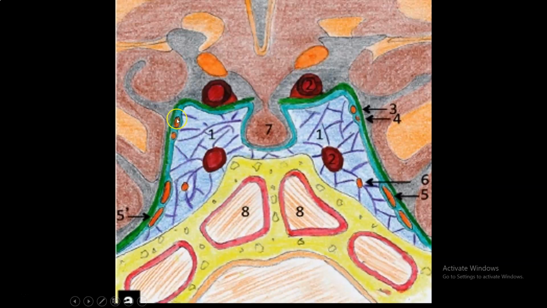They are embedded deep in the deep layer. So if we remove the outer layer, you will not find the cranial nerves, you will find the deep layer of dura, and they are embedded in the medial surface of this deep layer of dura.